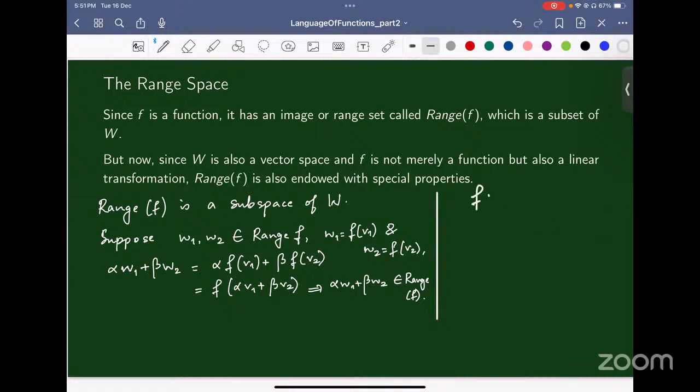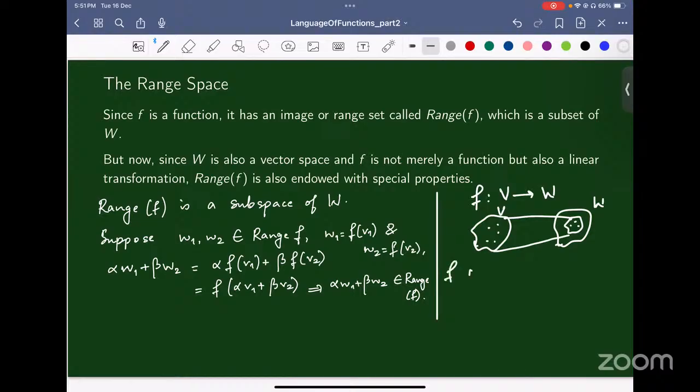If F is a linear transformation from V to W, then the basis of V, which is a linearly independent set of vectors in V, gets mapped into the range. And so the images of those elements are also going to be linearly independent inside the range.